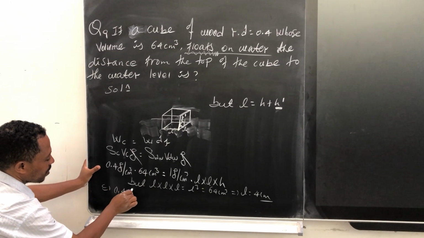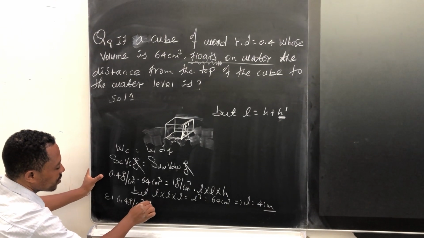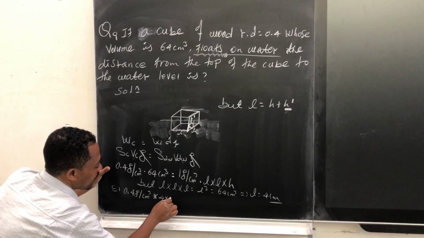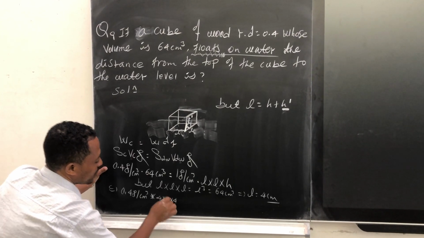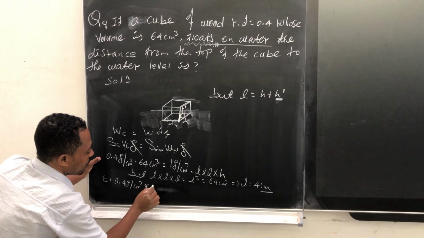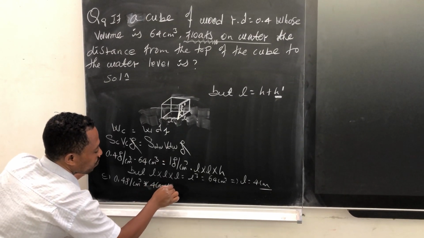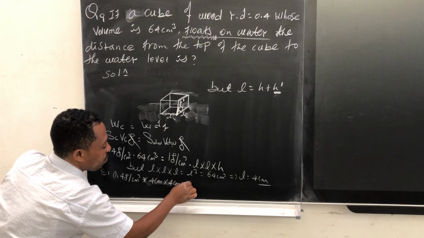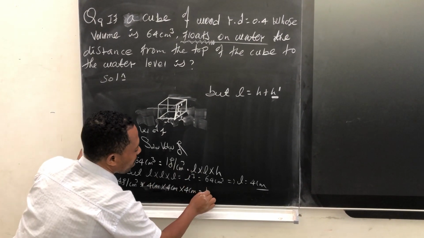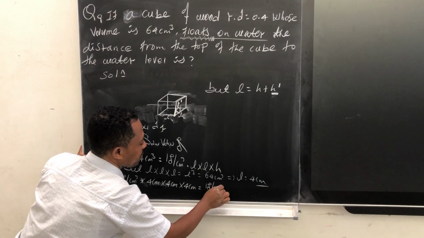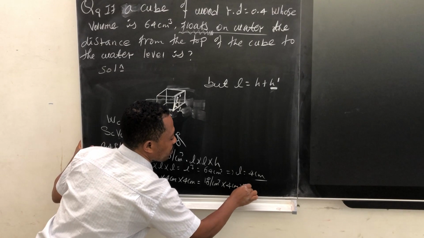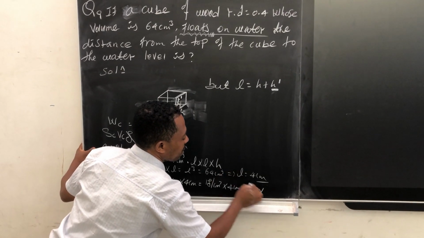0.4 gram per cubic centimeter times 64, which means simply 4 times 4 times 4, 4 centimeter times 4 centimeter times 4 centimeters, is equal to 1 gram per cubic centimeter times 4 centimeter times 4 centimeter times h.